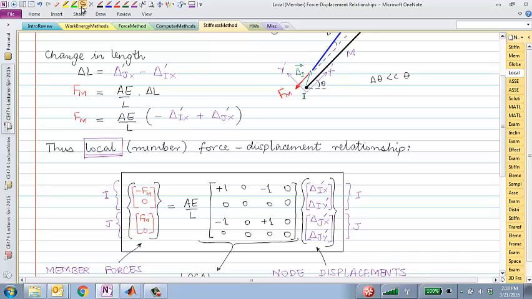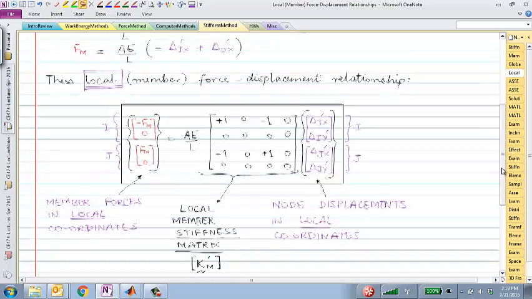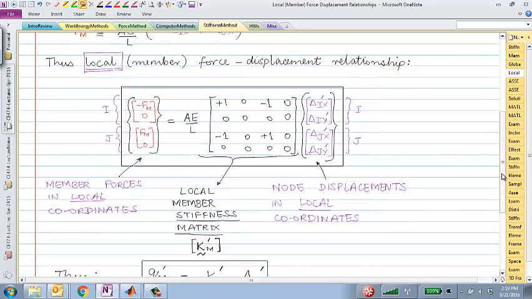The reverse doesn't work, because this is a singular matrix, so you can't just invert it. But we don't actually need to invert it. What we'll do is come up with this relationship for all the elements in the truss, and then use equilibrium to solve for all the displacements.